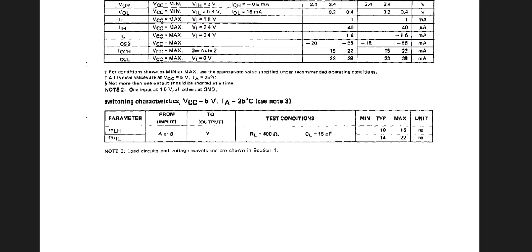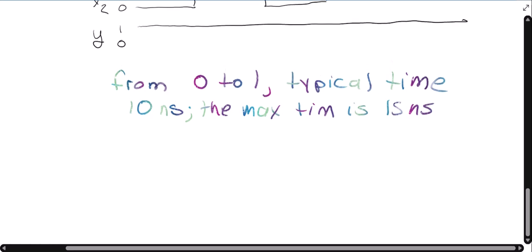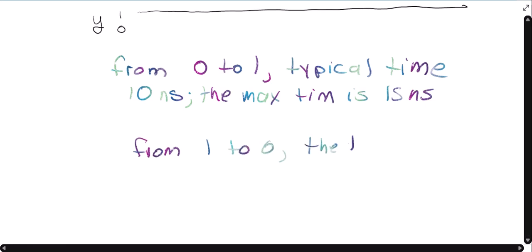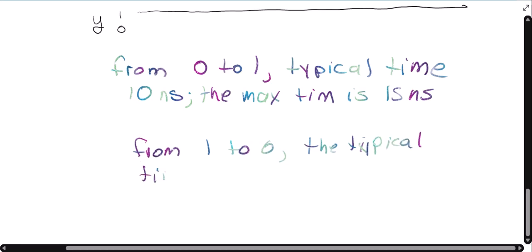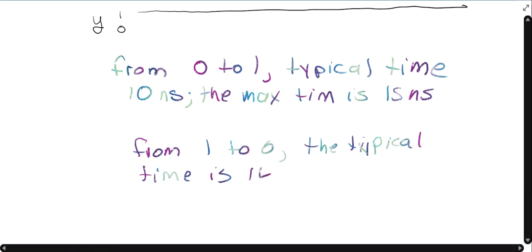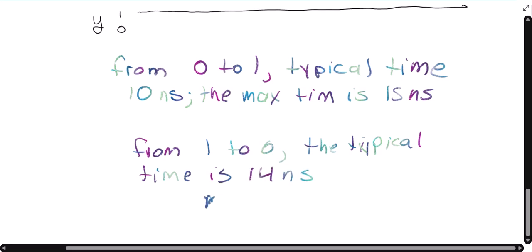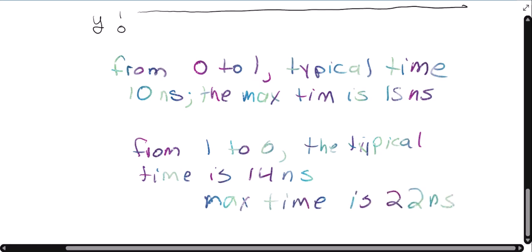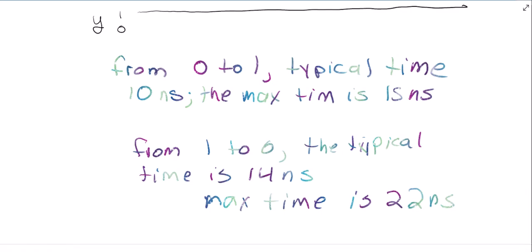And from 1 to 0, that's high to low, it's 14 and 22. And y'all's will be different from that.